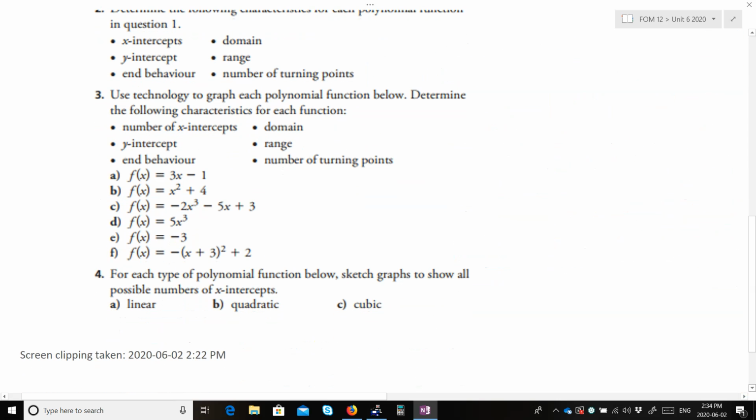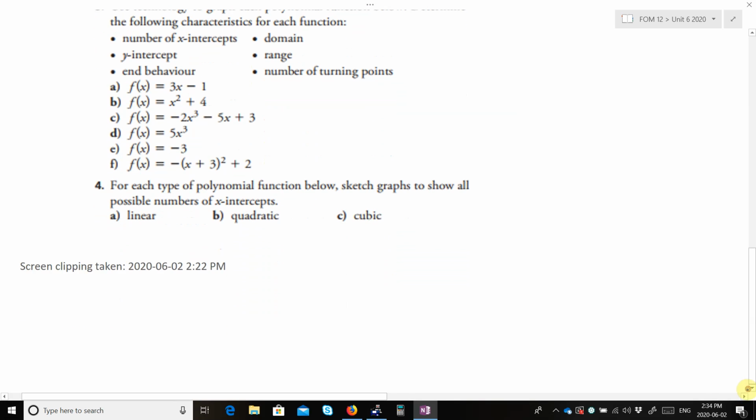Okay, number 3 says use technology to graph each polynomial function, determine the following characteristics for each function. Okay, x-intercepts, y-intercept, end behavior, domain, range, number of turning points. So let's do number 3 down here. Again, it wants the number of x-intercepts this time.